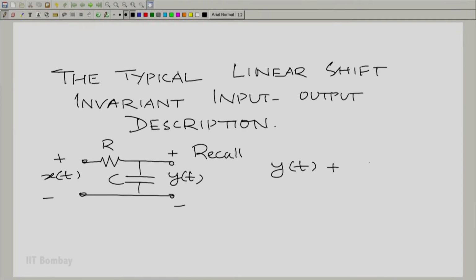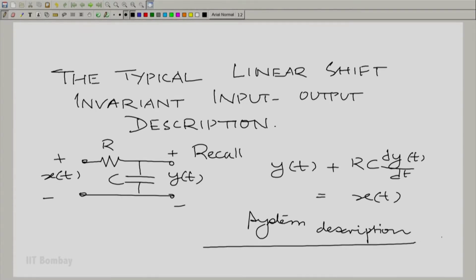The current is C times dy/dt, multiplied by the resistance gives you the voltage across the resistance, and the capacitor voltage plus the resistor voltage is equal to the input voltage. So, this was what we called the system description for the RC circuit. Of course, we could always abbreviate, we could say RC is equal to tau, and therefore, we could replace this by y(t) plus tau times dy/dt is x(t).